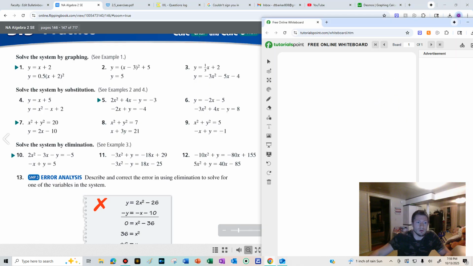Numbers 4 through 9 you solve by substitution, and 10 through 12 by elimination. So those should look sort of familiar. Let's see, number 4 by substitution. Since we already know that y is x plus 5, we're going to take that x plus 5 and plug it in for y in the bottom equation.